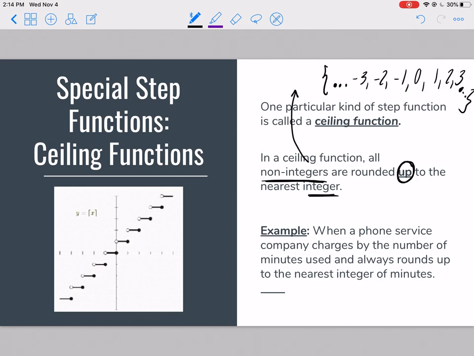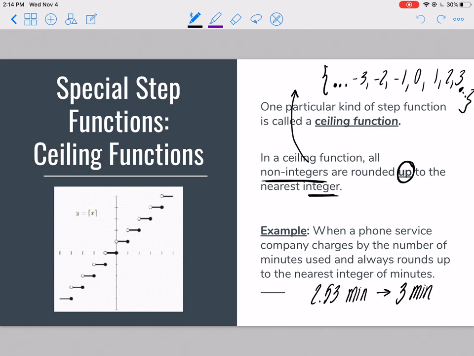So an example is when a phone service company charges by the number of minutes used and always rounds up to the nearest integer of minutes. So let's say you're on the phone for 2.53 minutes. They're probably not going to bill you for 2.53 minutes. They would round up to bill you for 3 minutes instead, okay? So this happens all the time when you go up to the next nearest integer value.